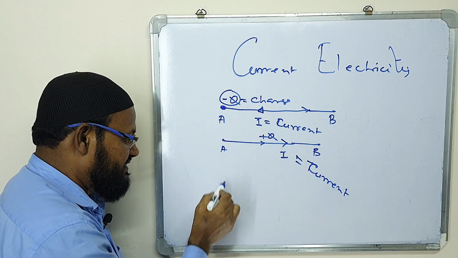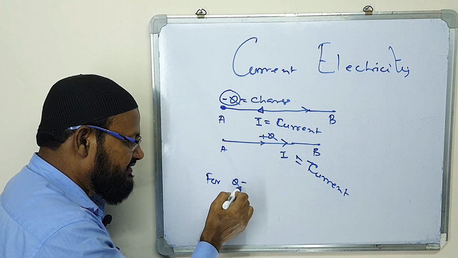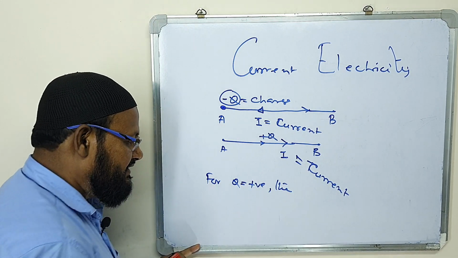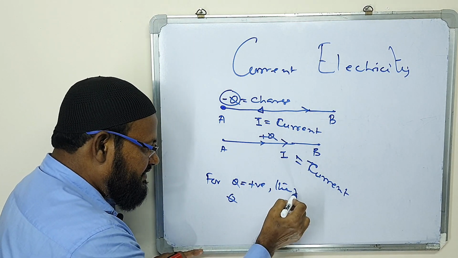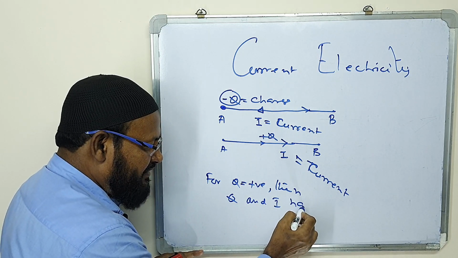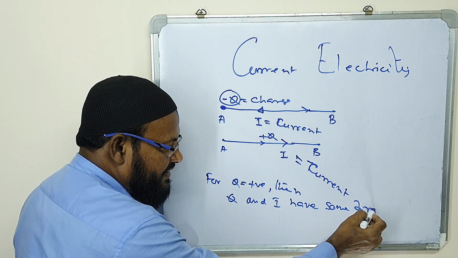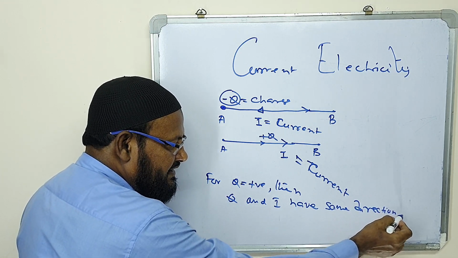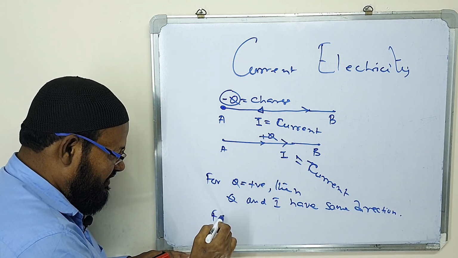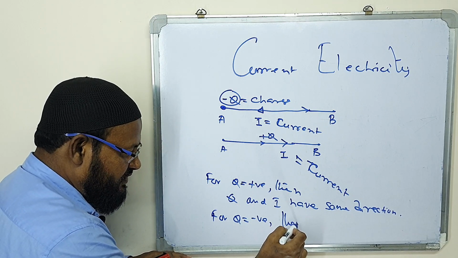For positive charge, Q positive, then Q and I have the same direction. Please see, this is one. For negative charge, for Q equal to negative, then what is the rule?